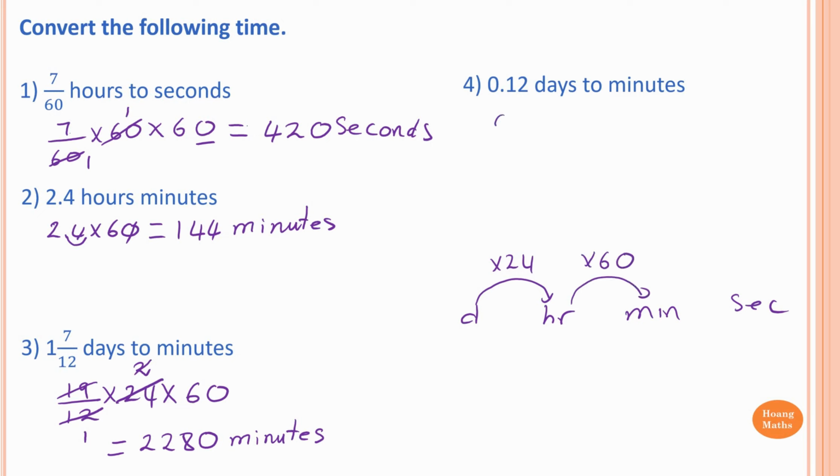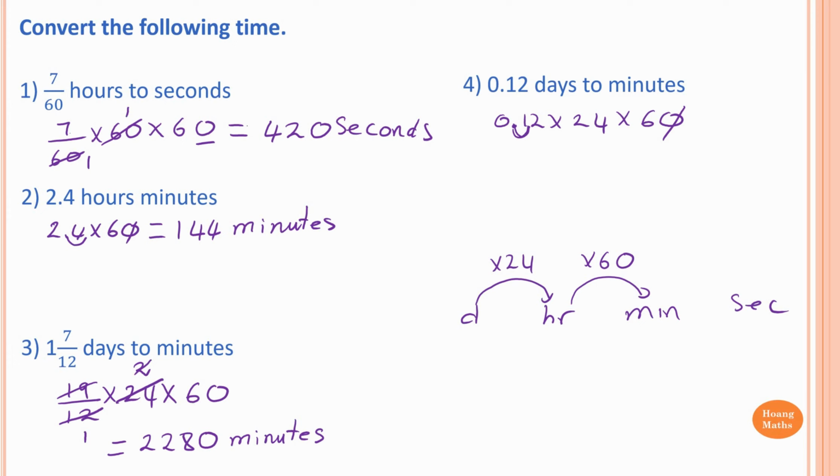This means that 0.12, I times 24 first to give me hours, and then I times by 60. So to do this, I move the decimal point to the right 1 unit and cancel this 0 here. So that leaves me 1.2 times 24 times 6.